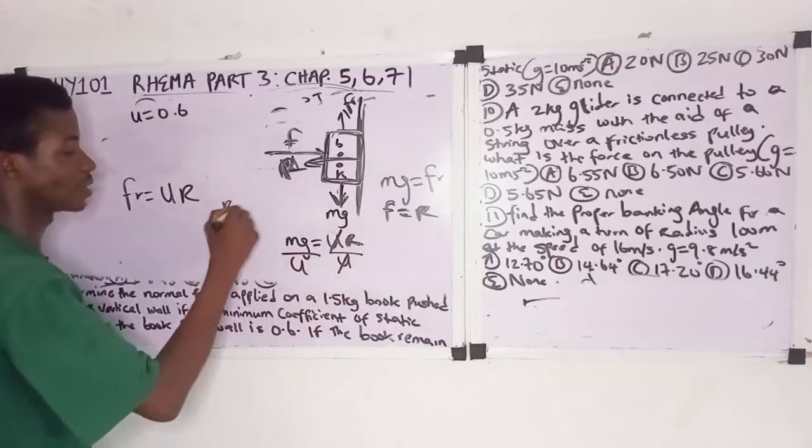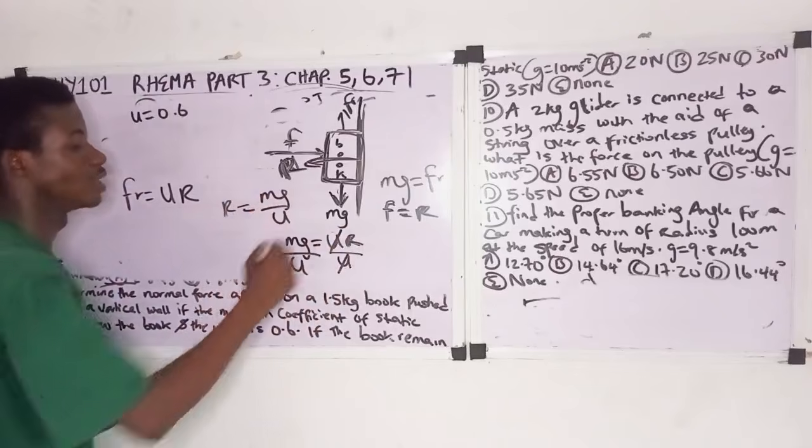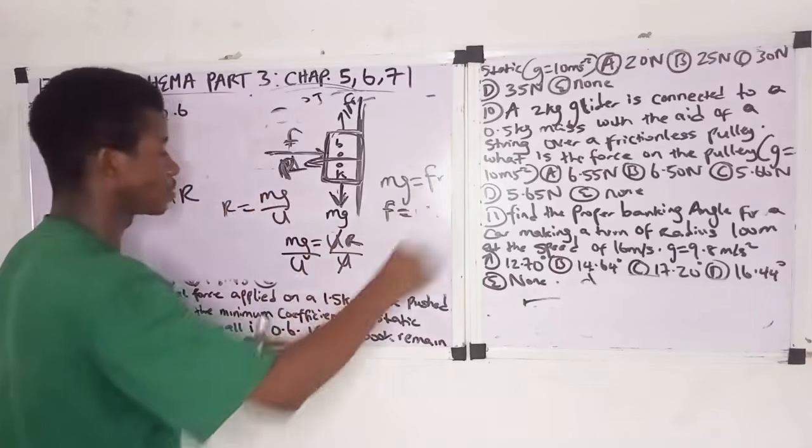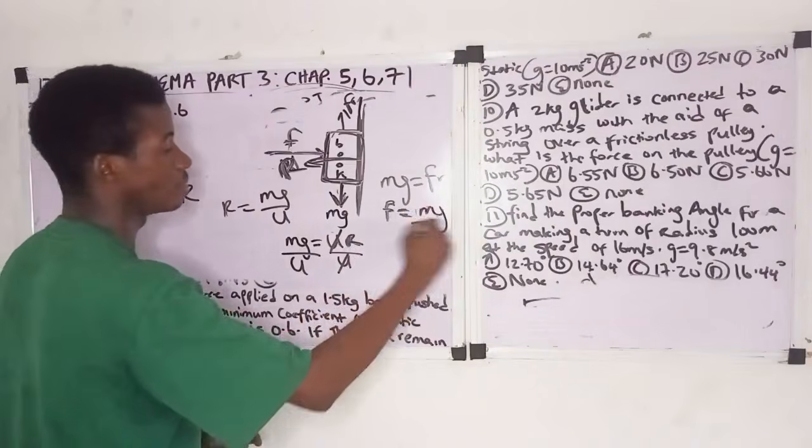So R is equal to mg over mu. Whenever I see R, I put mg over mu here. So F is equal to mg over mu.